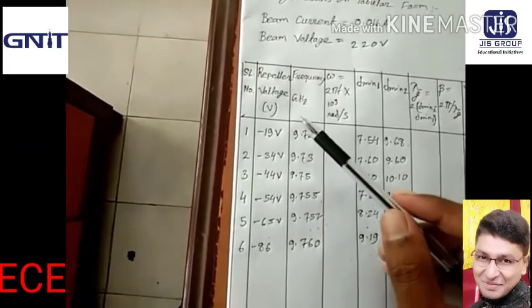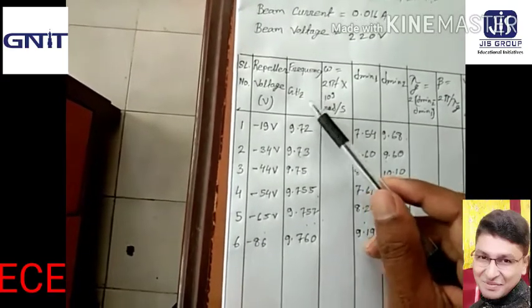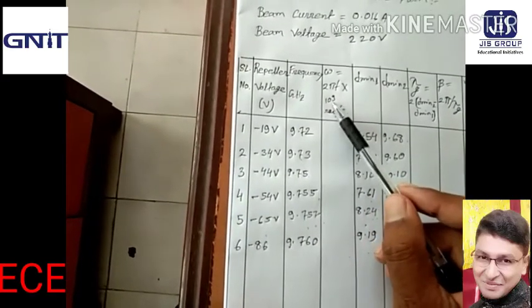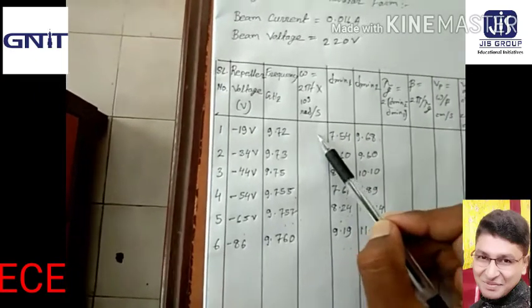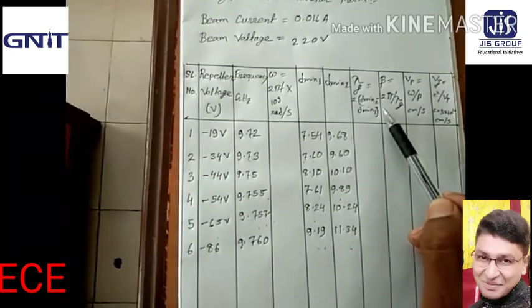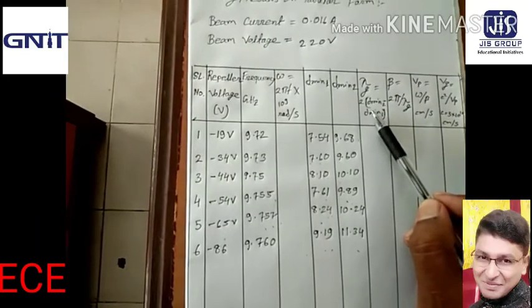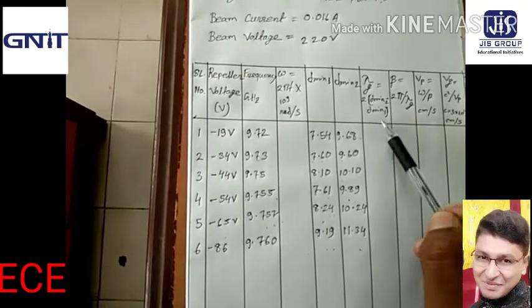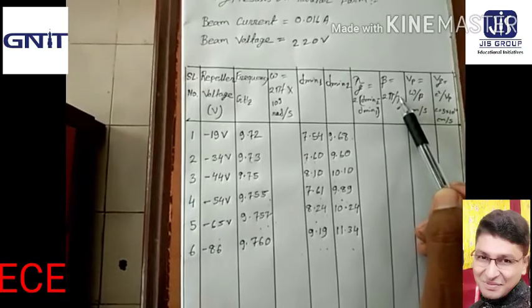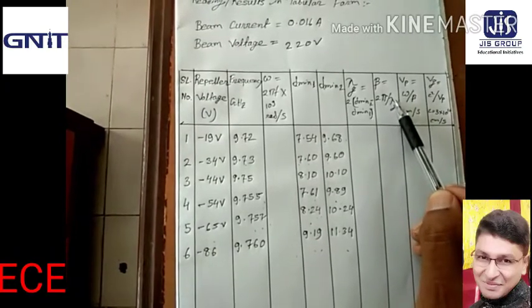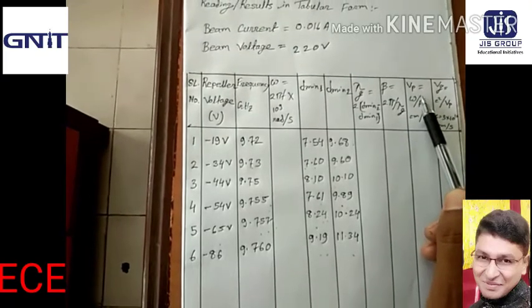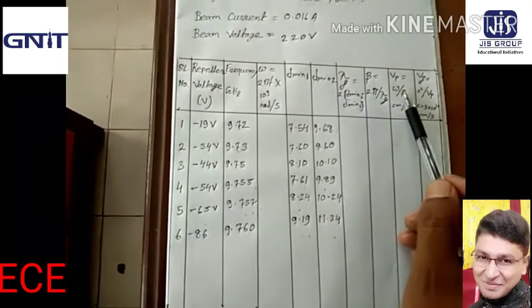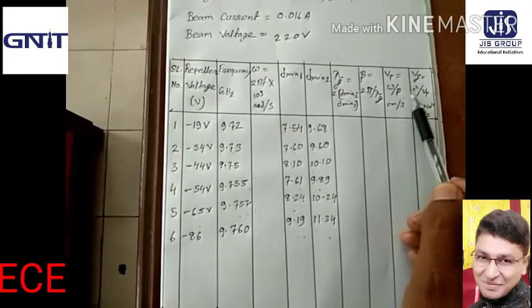For the rest, omega is equal to 2 pi f into 10 to the power 9 radian per second. Lambda g is equal to 2 into D min 2 minus D min 1. Beta is equal to 2 pi by lambda g. Vp, phase velocity, is equal to omega by beta.